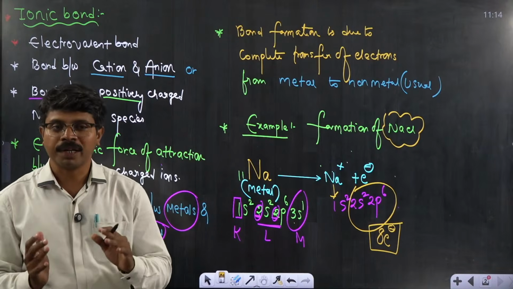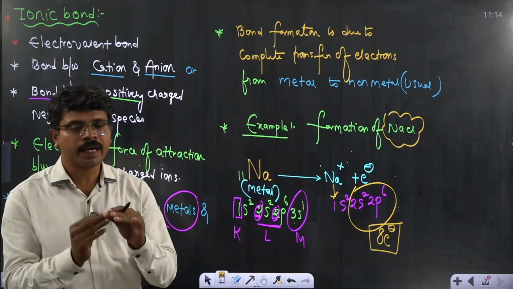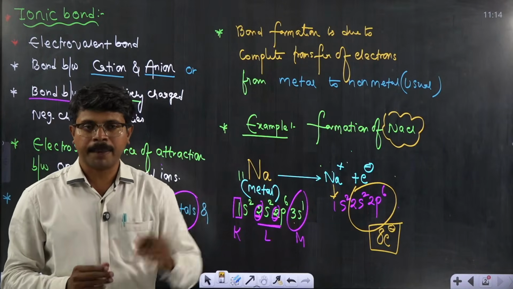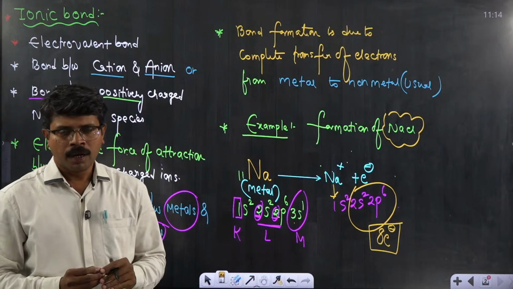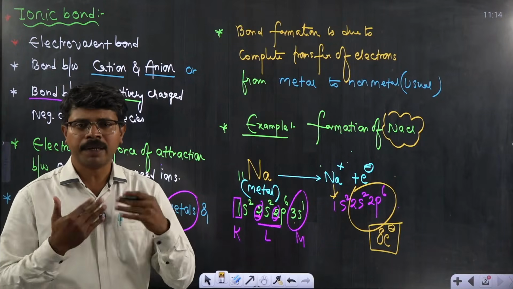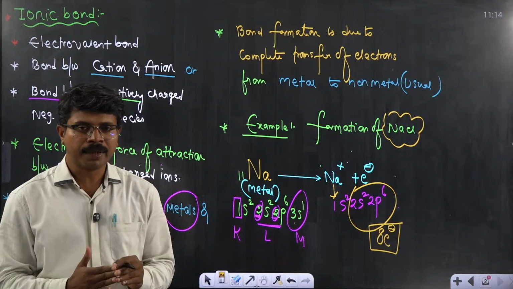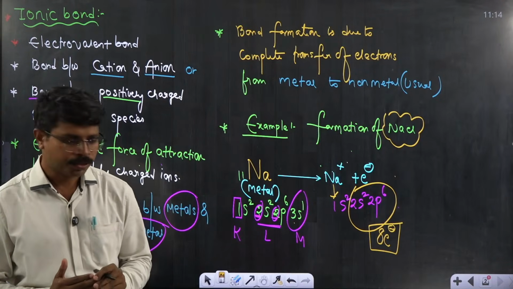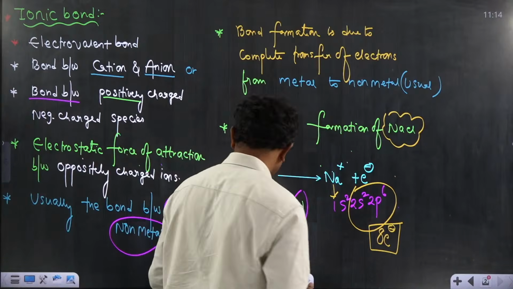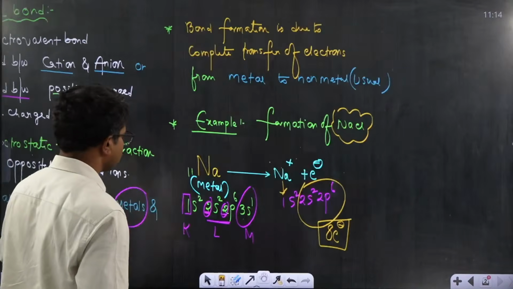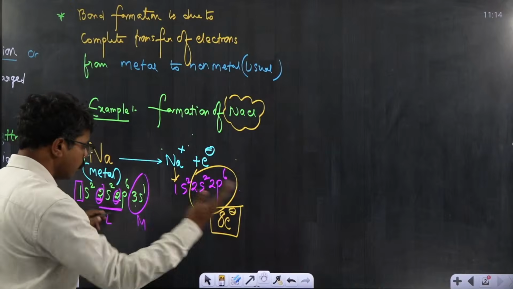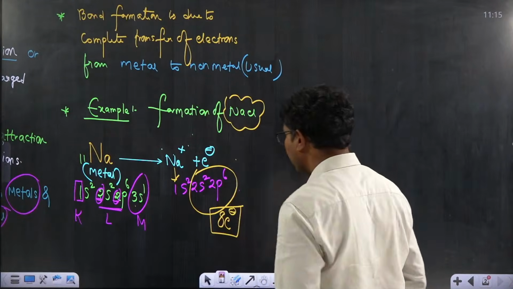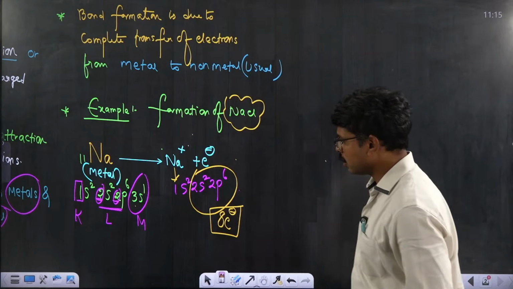Now sodium is safe when it is converted from Na into Na plus. In the process of attaining its octet, sodium is losing its electron. This process we can also call electropositive nature. Of course, we will talk about this process as ionization energy also. I'll explain it afterwards.